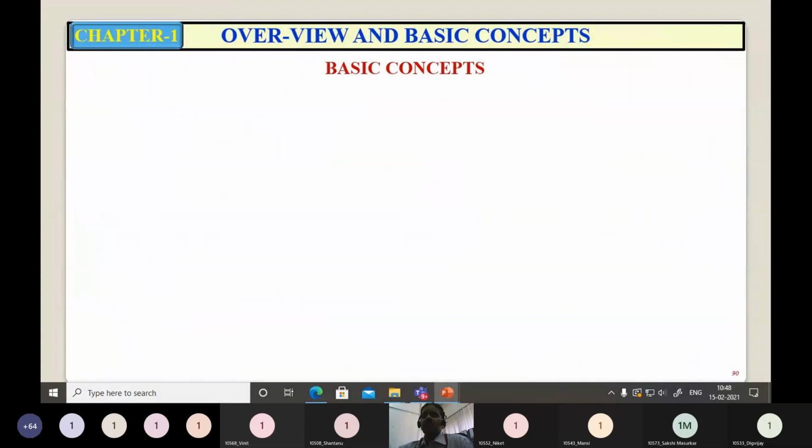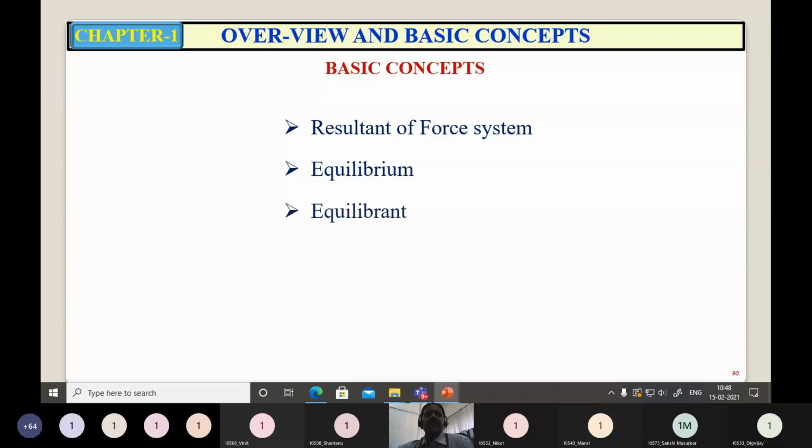Okay, then moving ahead, some of the basic concepts like resultant of a force system. What do you mean by equilibrium and what is equilibrant? So these three we are going to discuss now.